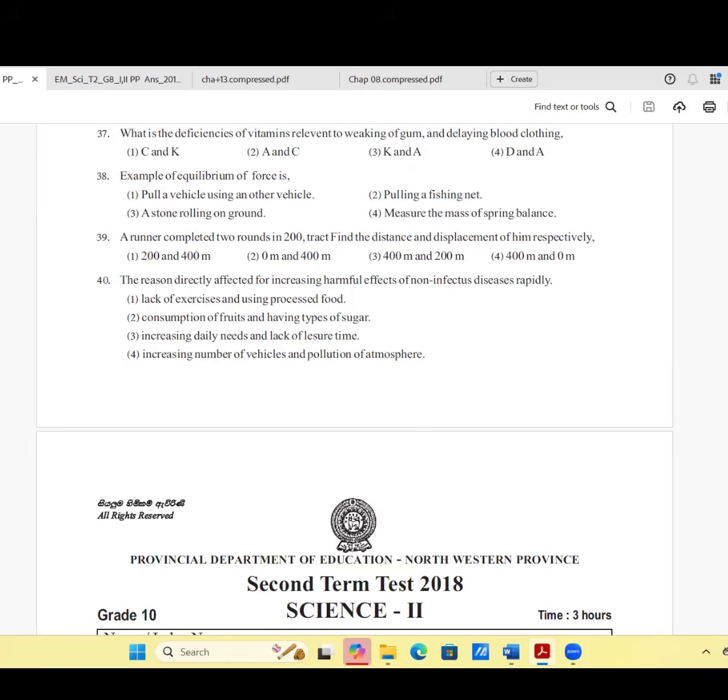The reason directly affecting the rapid increase of harmful effects of non-infectious diseases. Answer number 1. Lack of exercise and using processed food. Others are correct: consumption of fruits and having types of sugar, increase in daily needs and lack of leisure time, increase in number of vehicles and pollution of the atmosphere. Then the answer is answer number 1, lack of exercise and using processed food.